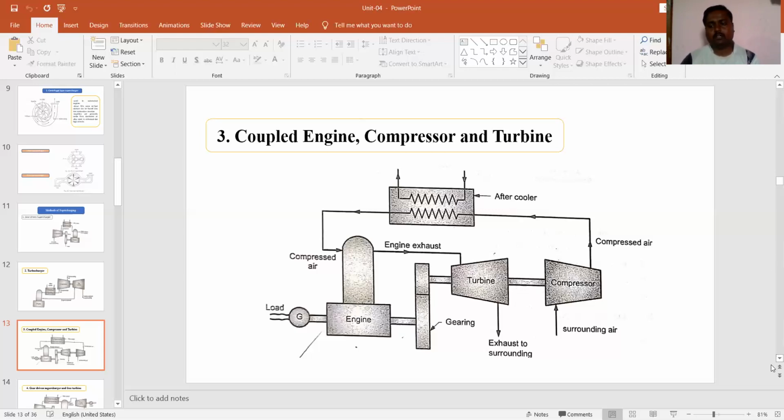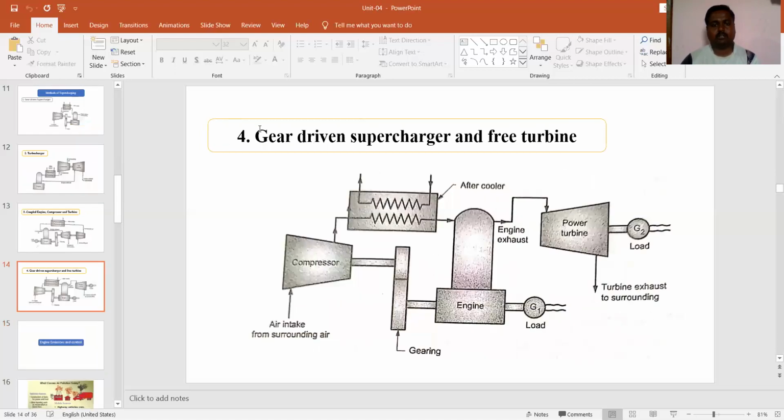Next one, the last method of supercharging, is gear driven supercharger and pre-turbine. Again this is the engine. This is the inlet of the engine, this is the outlet of the engine. This is the compressor, that is the supercharger, it requires power to perform.